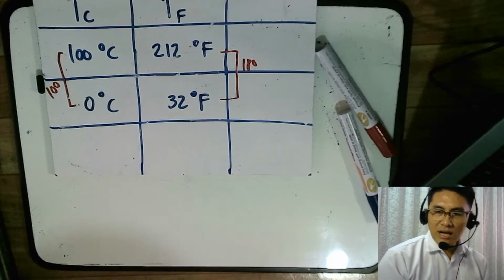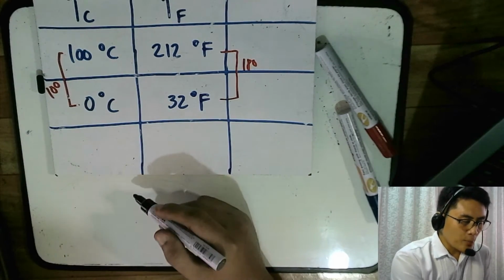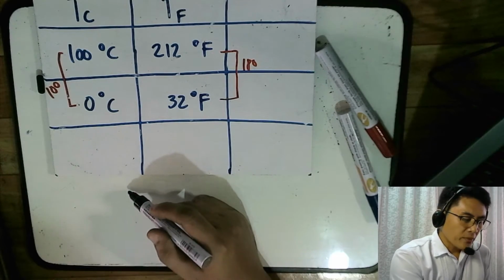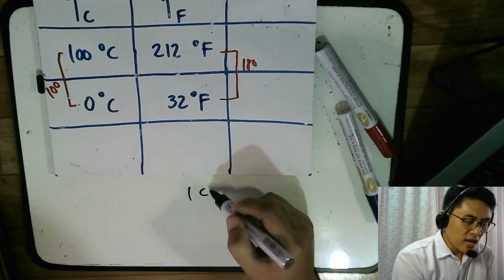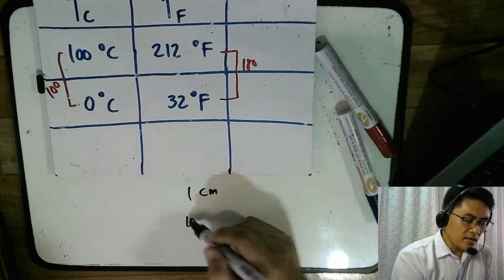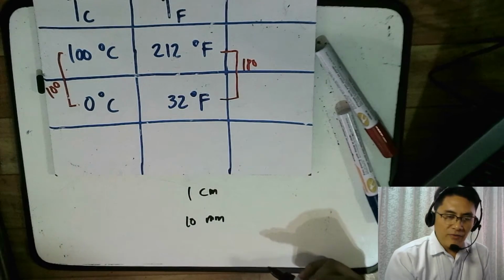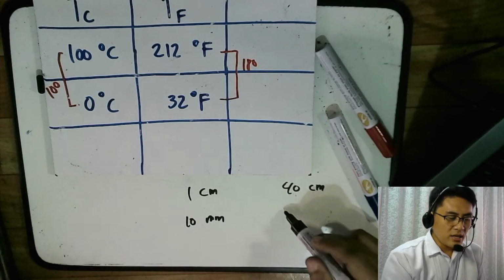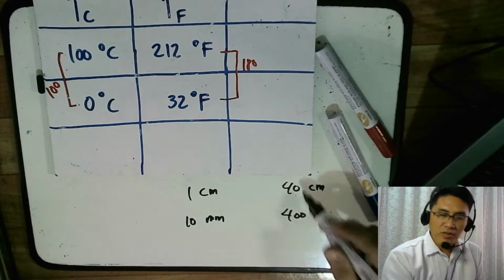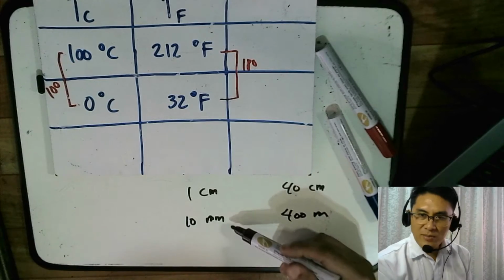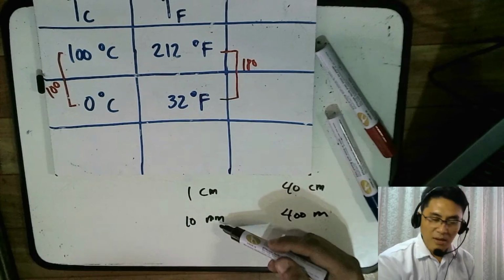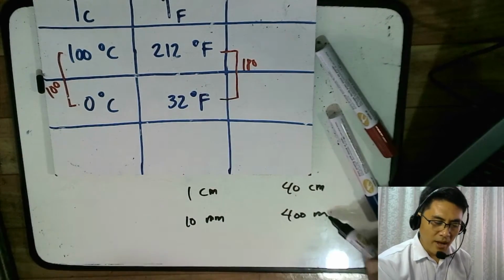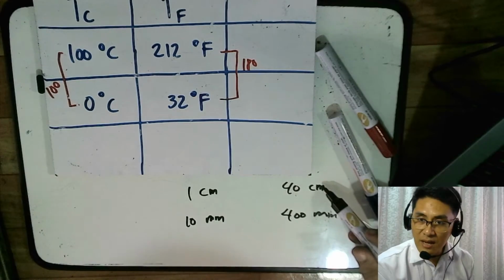When you look at other units, for example, I know that 1 cm is 10 mm. And if I have 40 cm, that's actually 400 mm. So they are not equal, right? mm is obviously different from cm. 10 mm is 1 cm. 400 mm is 40 cm.